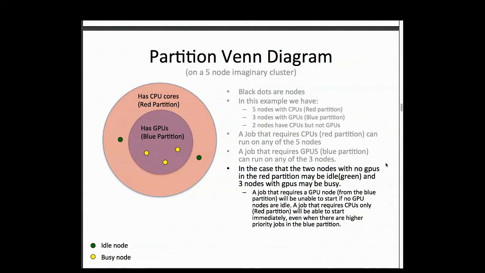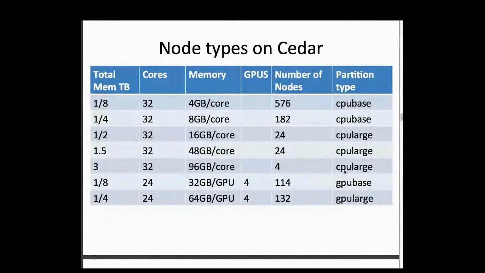Jobs that require CPUs only, or jobs that require the red partition, will be able to start immediately, even when there are higher priority jobs that require the blue partition, right? So there are 2 idle nodes in the red partition and jobs can start immediately there.